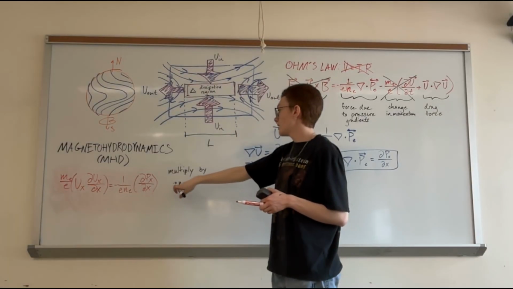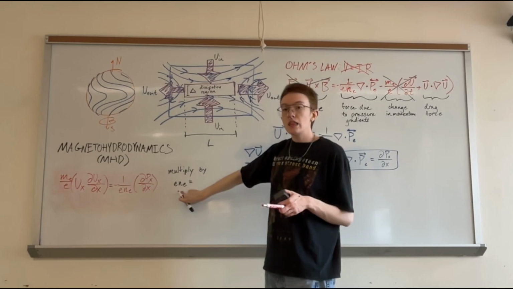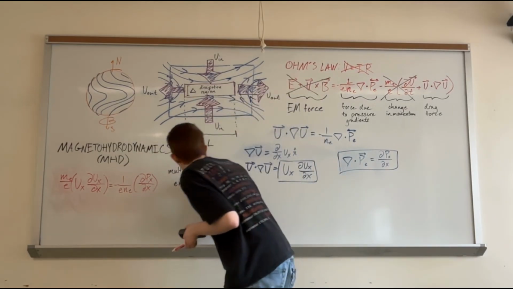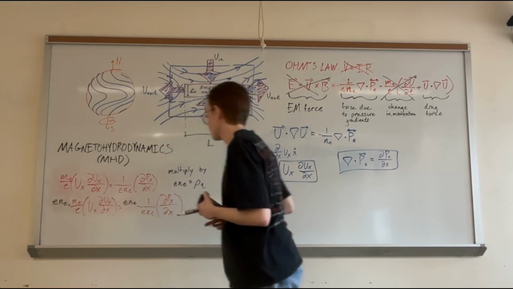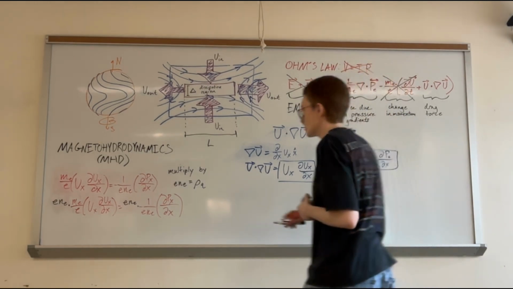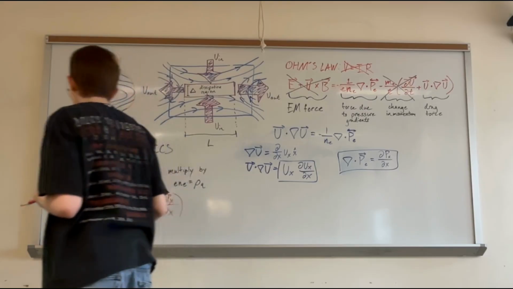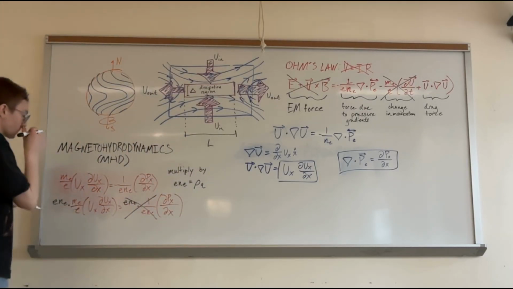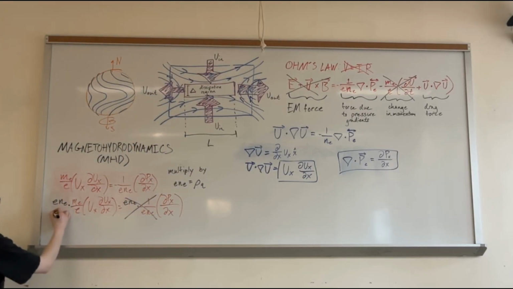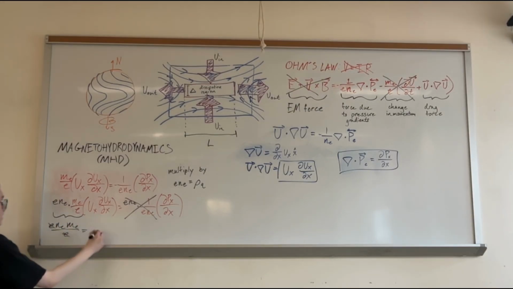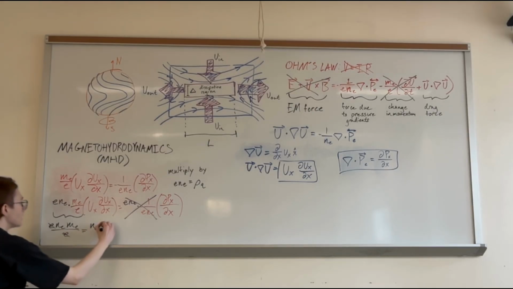We're going to multiply by e times n_e, and this quantity is referred to as the charge density. Okay, great. So these terms are going to cancel. And this, well, we have e, n_e, m_e over e, so the e's cancel, and what we're left with is n_e m_e.